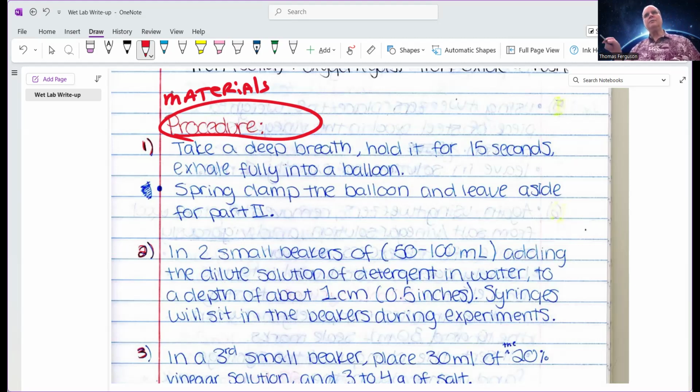Notice it's handwritten. Now, my handwriting is crappy. When I was in high school, I had perfect handwriting. As soon as I started college, I had to write really fast taking notes, and now it's not very good.